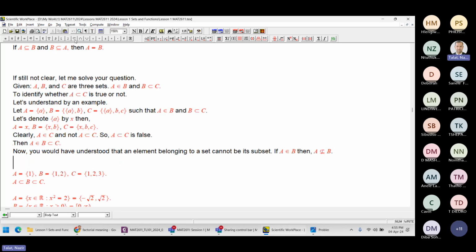But this is a separate example for which you have to notice that if we take these sets, then A is a proper subset of B and B is a proper subset of C. But in this case, we can't say that A belongs to B or B belongs to C. We can only say that A is a subset of B, B is a subset of C.